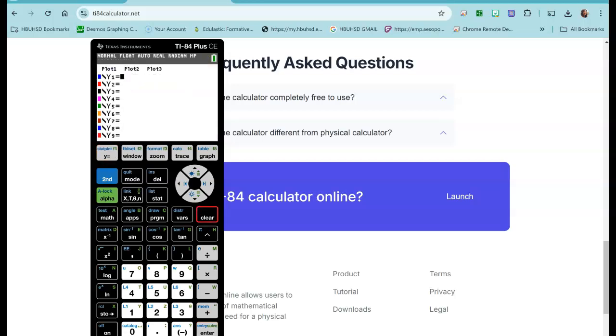We want to punch in Y1 equals X times 800 minus X, close it. Oops, I deleted the whole thing. 800 minus X, close. Okay.